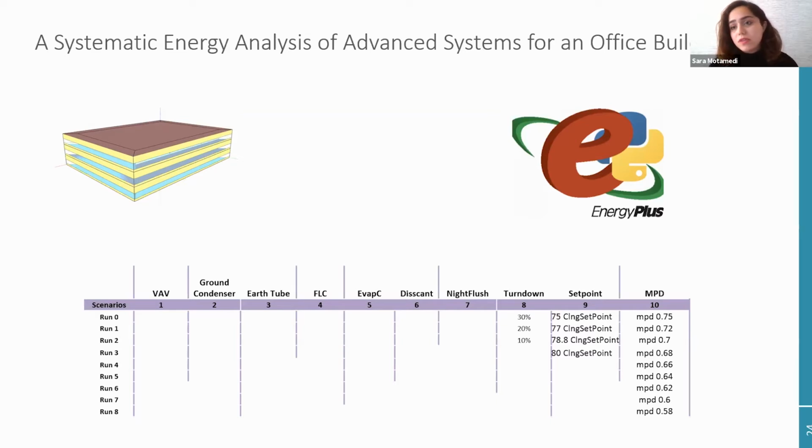We were thinking about lowering the turn down ratio of the VAV valve and seeing how that can be helpful. And then set point: I know we don't really change the set point, but they were thinking about resiliency, and what if we have a power blockage, and they want to see how much energy they consume and how long they can survive without being connected to the city. And then, of course, the equipment loads.